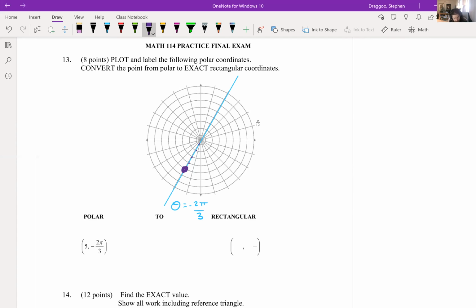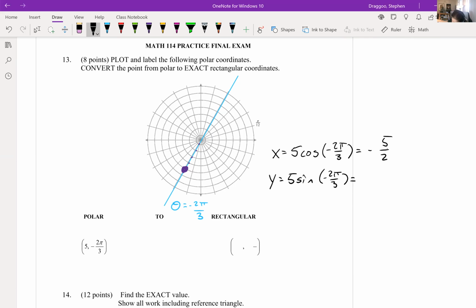All right. And then to convert this thing to rectangular coordinates, I've got x is equal to 5 cosine of negative 2 pi over 3, which works out to negative 5 over 2. And then y is 5 sine of negative 2 pi over 3.